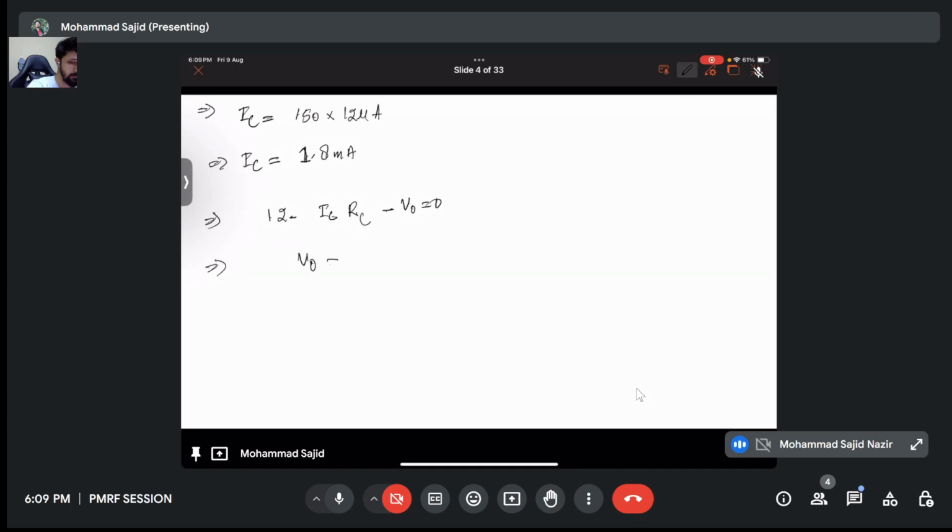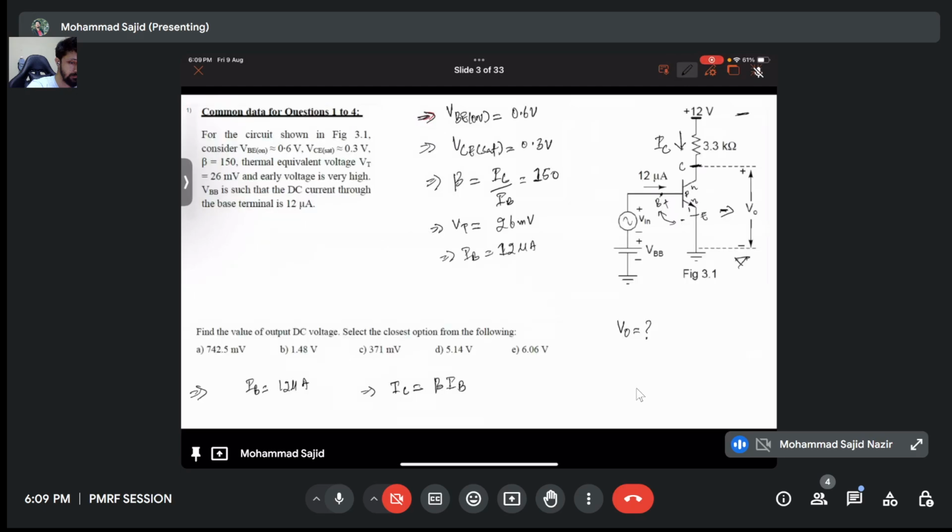I can calculate V naught as 12 minus IC, that is 1.8 milli, multiplied by RC, 3.3 kilo ohm.